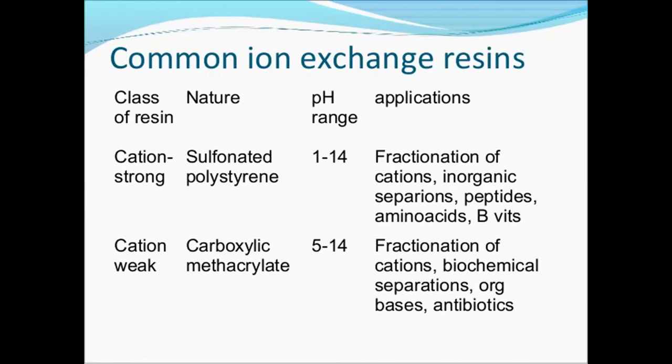Say for example, cationic exchangers, sulfonated polystyrene having the pH range 1 to 14, and these are used for the fractionation of cations, inorganic separations, peptides, amino acids, vitamin B, etc. So depending upon the sample, there is a selection of the resins, because it is necessary to see what type of ions are present on the surface of the resins and what type of ions get exchanged.